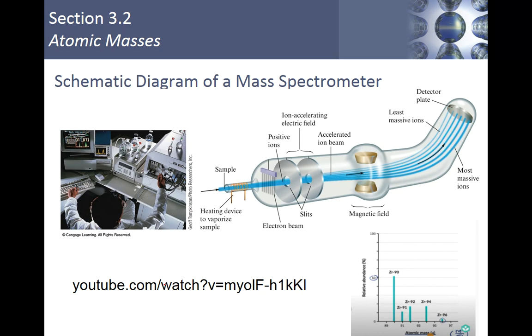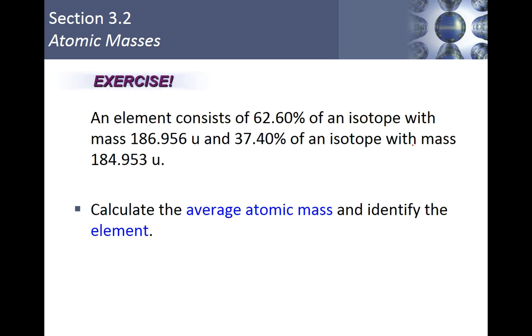There's a cool video right here if you want to watch that too. Moving on. So we have an example problem. It says an element consists of 62.6% of an isotope with a mass of 186.956 units, and another percentage of an isotope with a mass of 184.